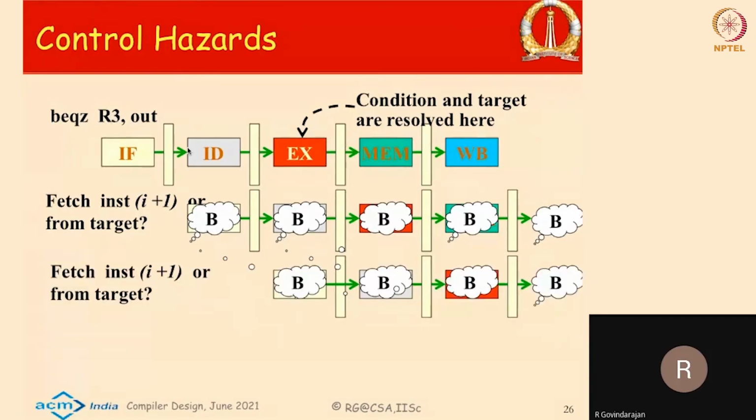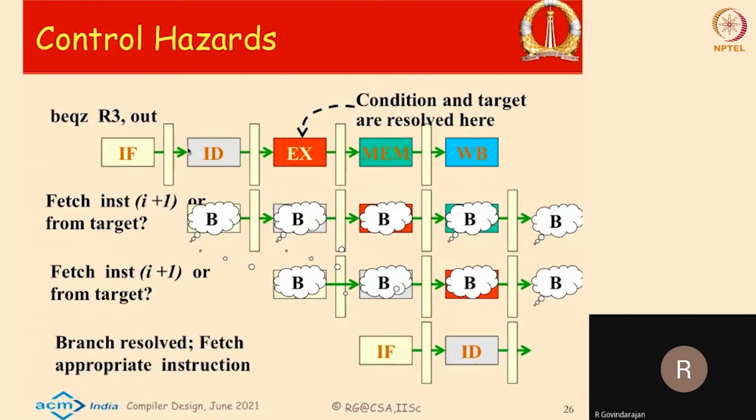So you will introduce a number of bubbles before you figure out whether instructions from the target location should be fetched or instructions from the following location should be fetched, and based on that, the instruction execution proceeds forward, right?